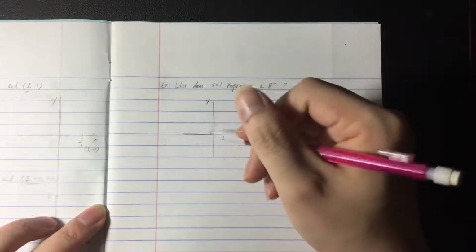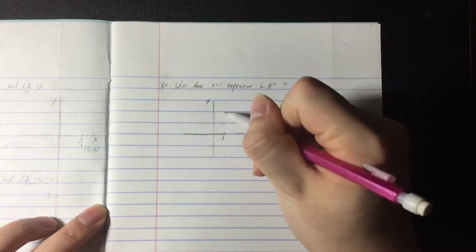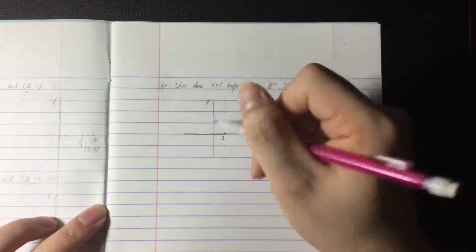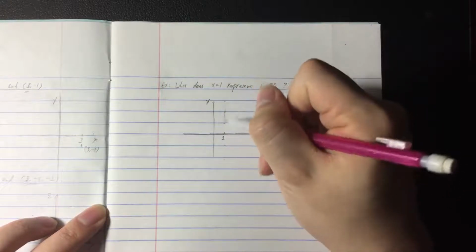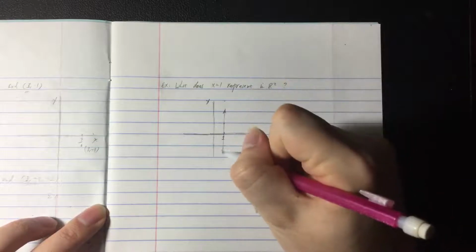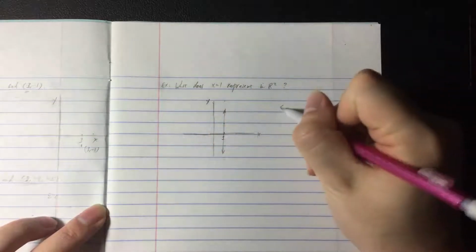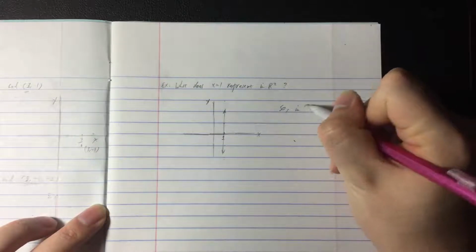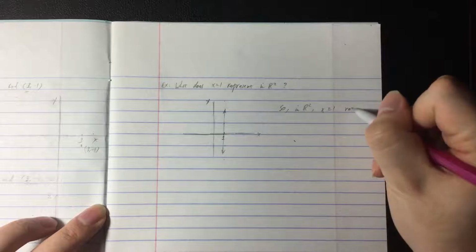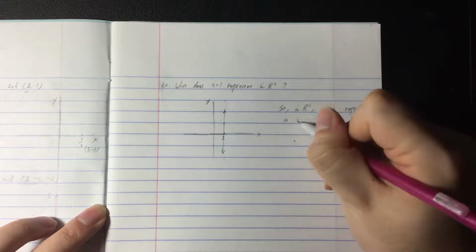So when x equal to 1, y could be 0, y could be 1, y could be 2, y could be 3, y could be -1, -2, and so on. So all these y values together form a vertical line. This line represents the equation x equal to 1. So in R2, the equation x equal to 1 represents a vertical line.